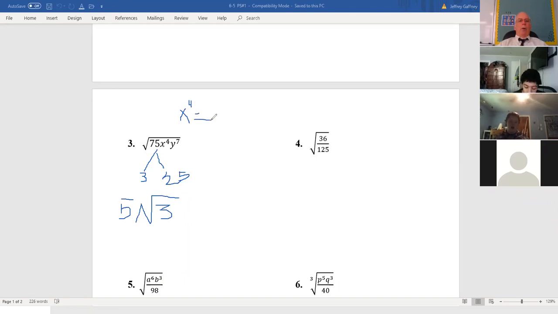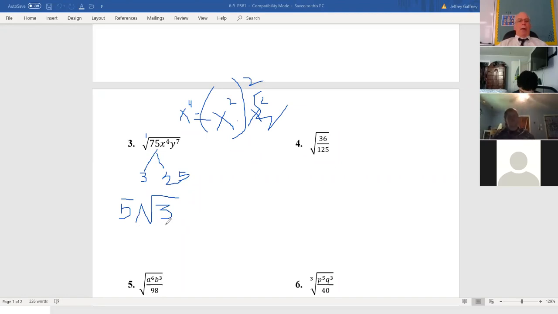Okay, x to the 4th is the same. Again, we're doing square roots because there's no value here, so it's always a square root. All right, so it's the same as x squared times x squared. I love that. Or another way you could rewrite this is x squared, squared, right?